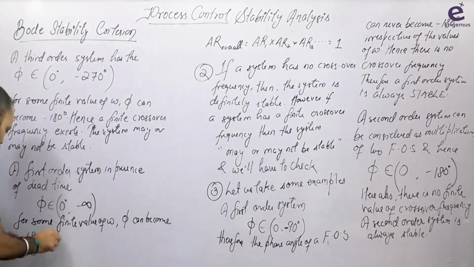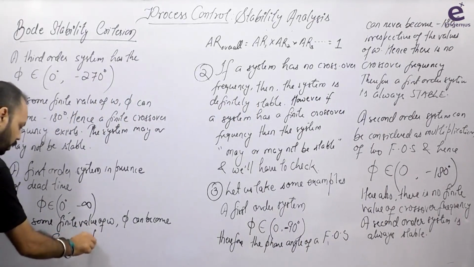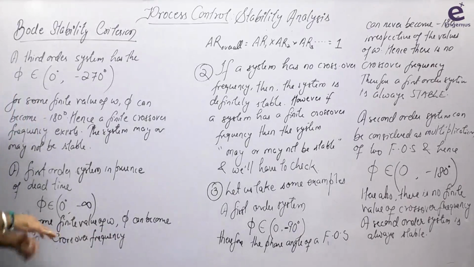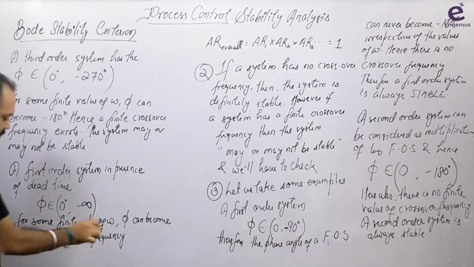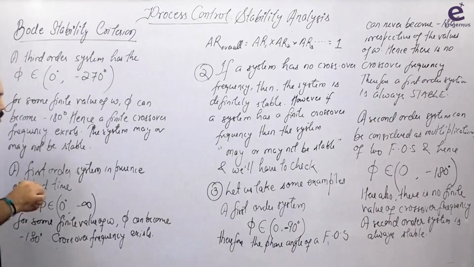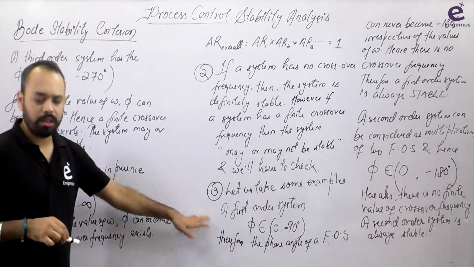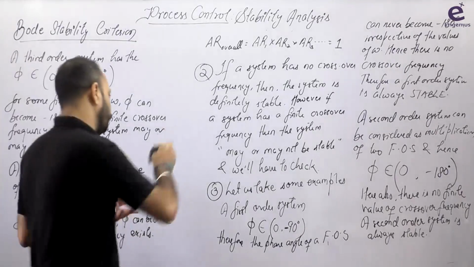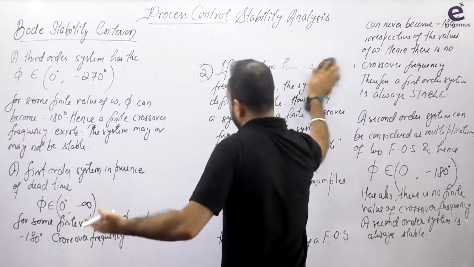So crossover frequency exists. And yes, if crossover frequency exists, then we can't say whether the system is unstable or stable. Maybe unstable, maybe stable. Okay. So what we have observed is that when there was only a first order system, there was no crossover frequency. But when I have a first order system along with dead time, definitely there can be a crossover frequency.